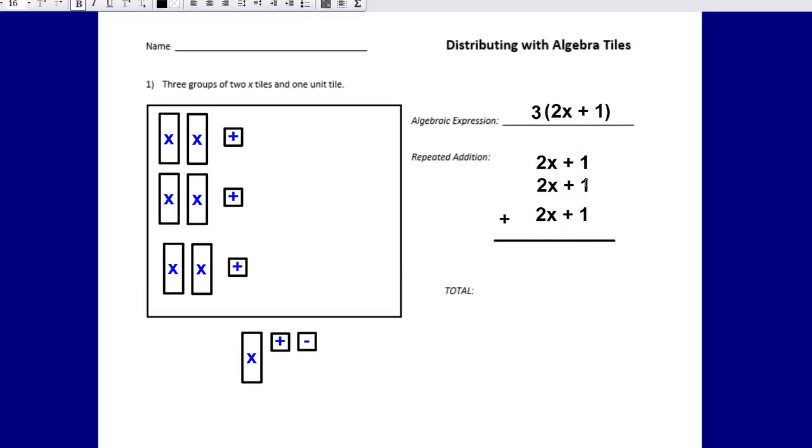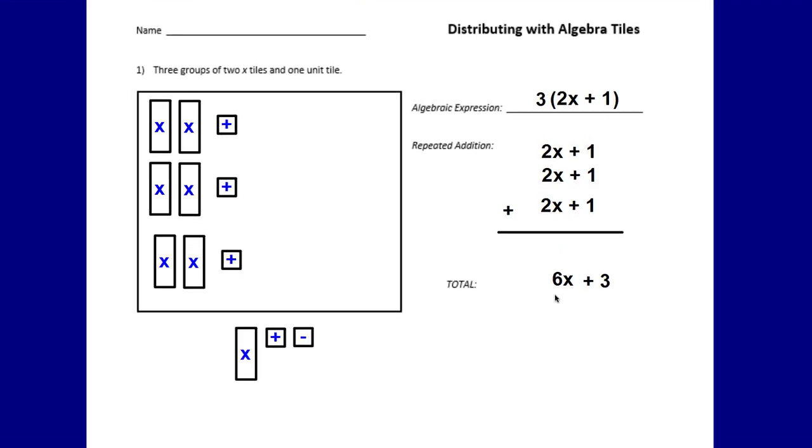So we're going to start and add up our constants. They're all positives. 1 plus 1 plus 1 is going to be a positive 3. And then add up your x's. 2 x's plus 2 more x's make 4 x's. Add another 2x and you have 6 x's in total. So our simplified expression would be 6x plus 3.